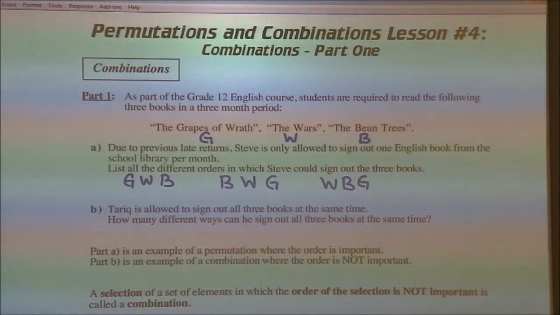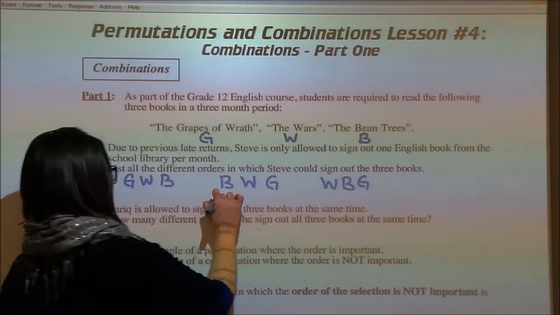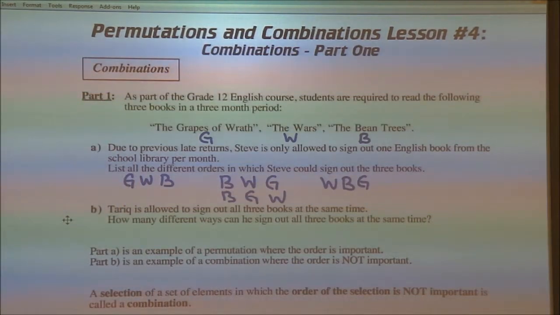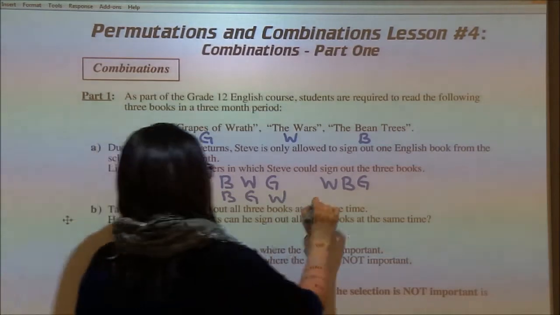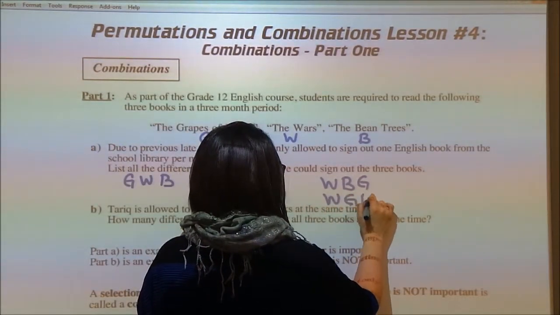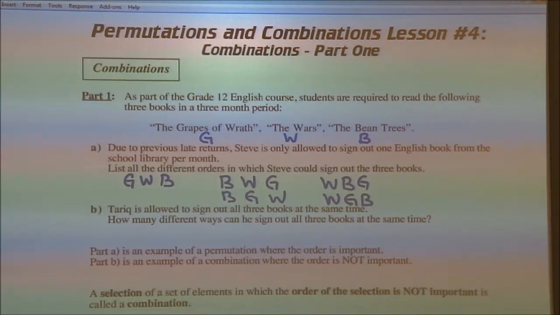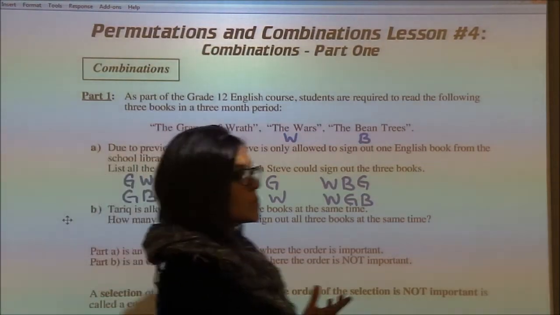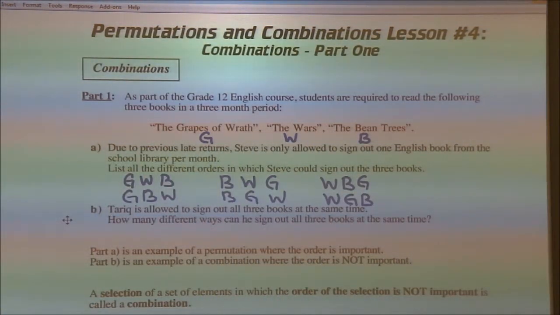Okay. BGW. So there were 6 possible orders, 6 ways that I can take these books out.